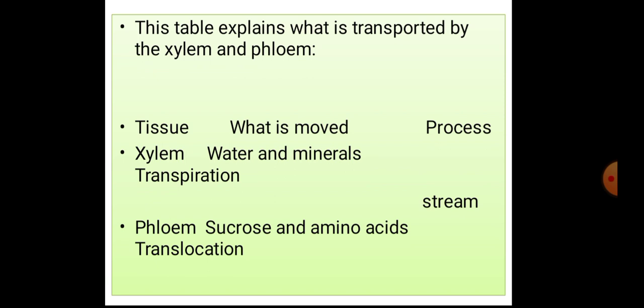Transpiration is a process through which water and minerals are conducted inside the plant body through xylem tissue, as well as phloem. It moves sucrose and amino acids through the translocation process.